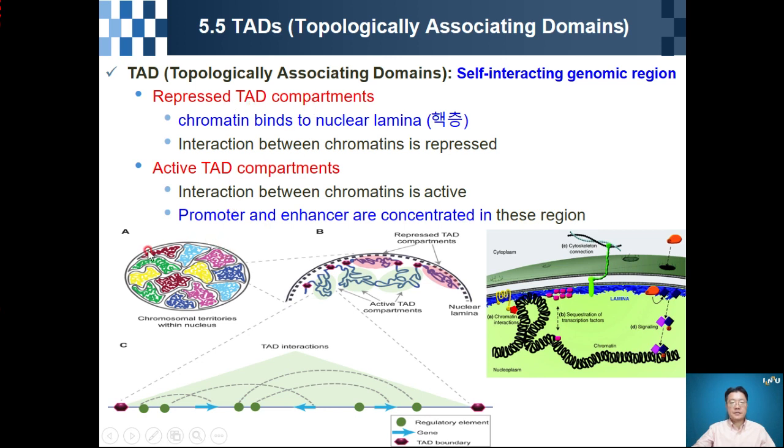Now this figure shows chromosome territories within the nucleus. For example, chromosome 1 is located here, chromosome 2 is located here, and chromosome 3 is located here.